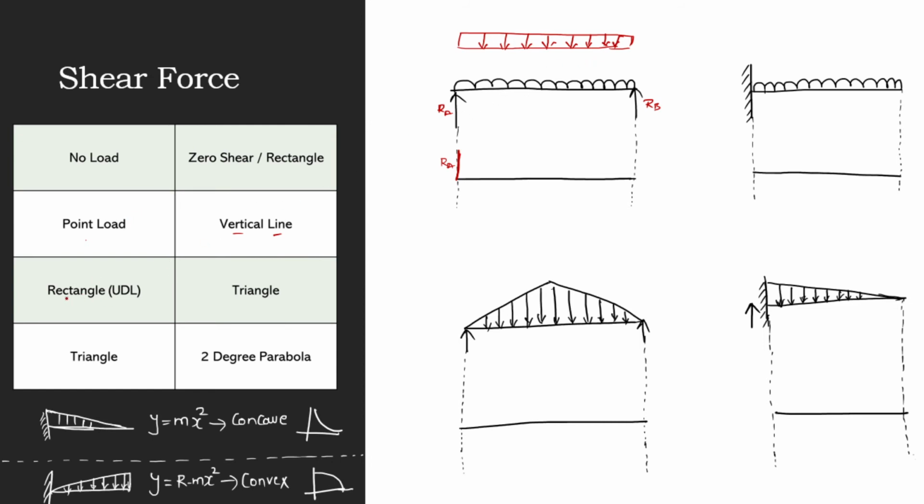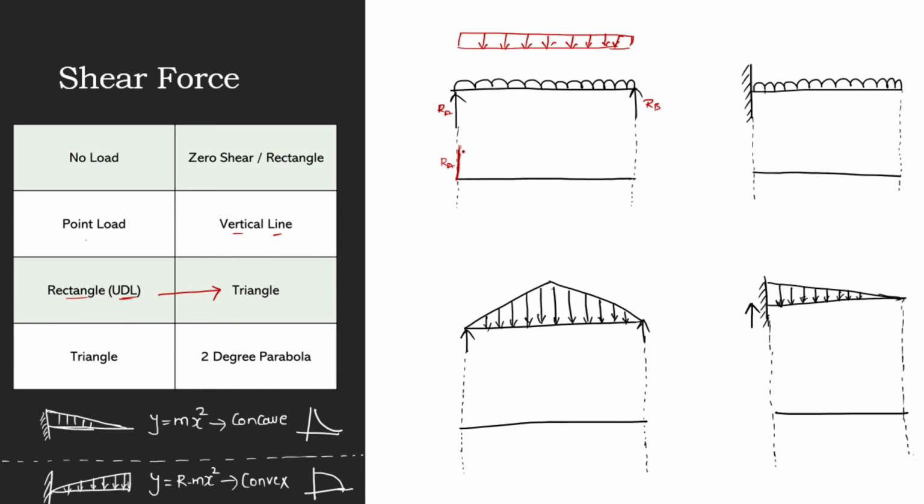So if you have a rectangle, that is a uniformly distributed load, you are supposed to draw a triangle for that. So first of all there is a point load, you have gone up, and then there is the rectangular UDL, uniformly distributed load, so that's going to be a triangle.